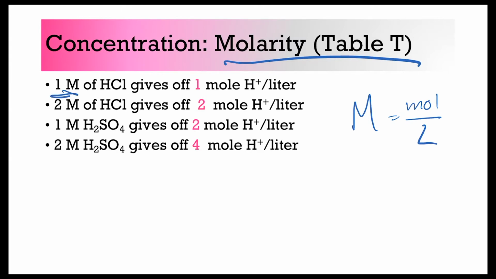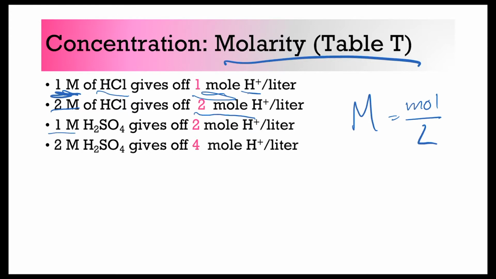If we're talking about a 1 molar solution, we say molarity as molar with a big M. A 1 molar solution of HCl gives off 1 mole of H plus per liter. If we have a 2 molar solution of HCl, that means for every liter there are 2 moles of H plus being released.